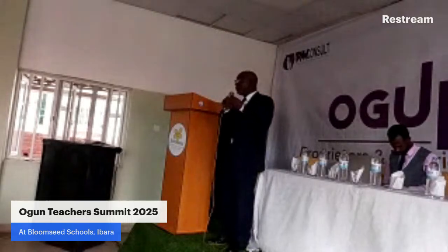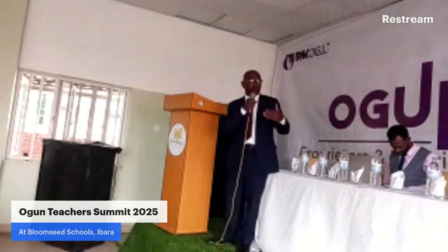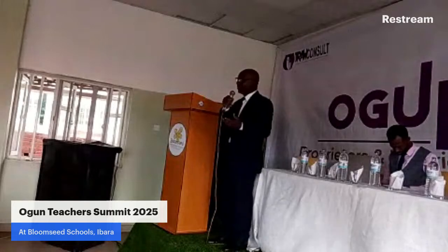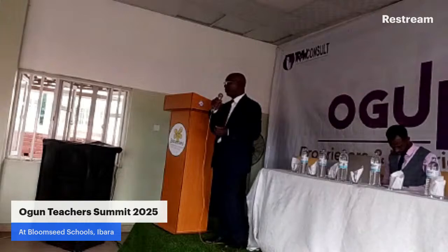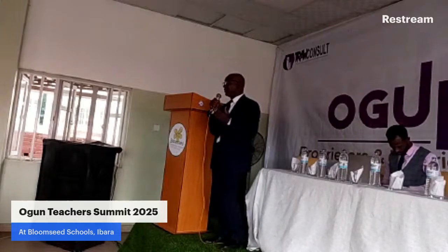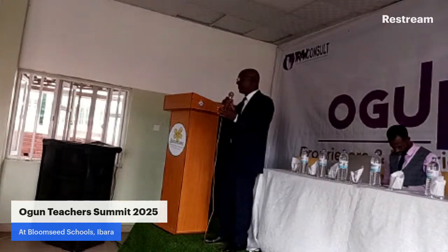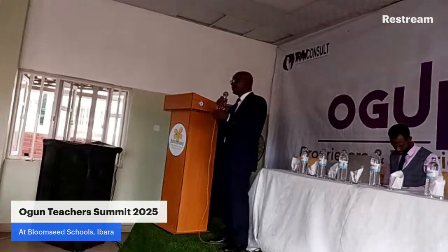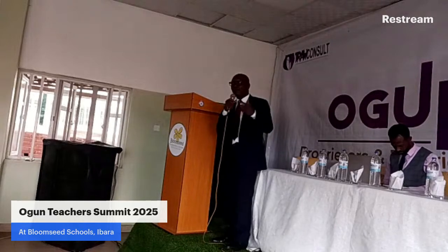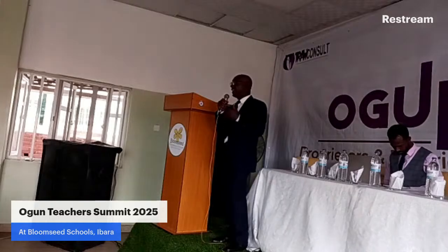This is the extent to which the state is trying to power education to the 21st century. Innovation is really happening in the space. About 3, 4 weeks ago, 5 states of this country came to the state to study that DIPA platform. That is the Ujisera platform. That tells you how innovative Ogun State is when it comes to that.